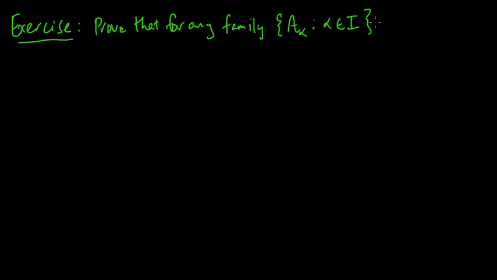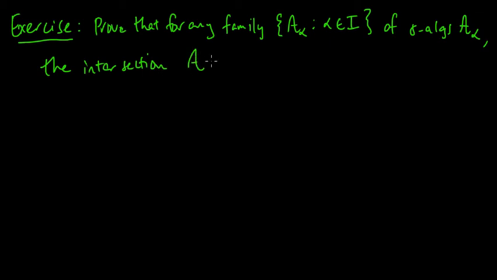Prove that for any family of sigma algebras A subscript alpha, the intersection, let's write it as just A. It's the intersection over all alpha in the index set. And this index set here is arbitrary, not necessarily countable.